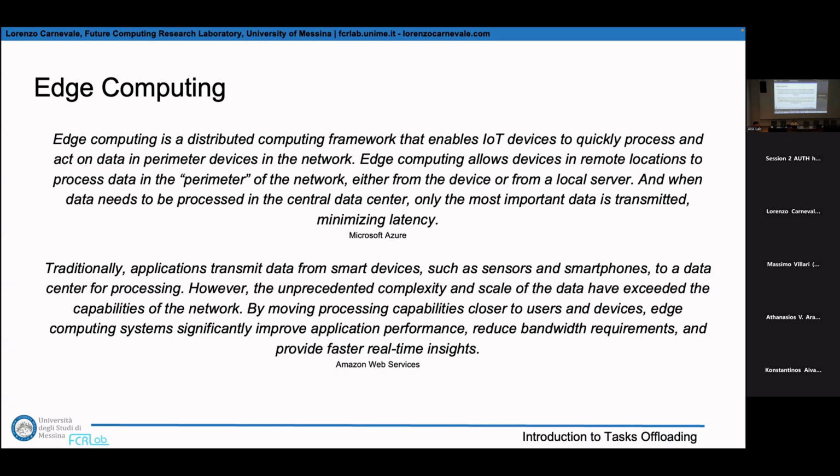The goal is minimizing the latency in transferring data from the source of data to the data centers, and the congestion in the network, which could be a big issue when we talk about big data. And mostly to make the first computation, even if it is a kind of aggregation, something very small, directly where data are built.